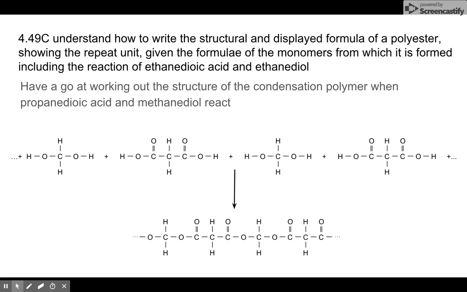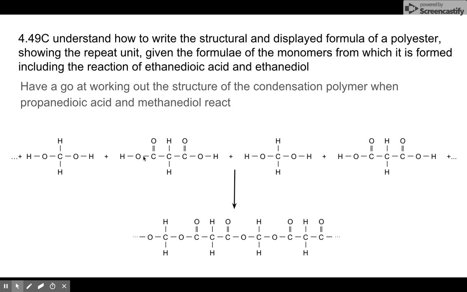Here's the structure of the condensation polymer when propandioic acid and methane diol react. So methane diol, methane, two ols, there it is, and propane dioic acid. Prop has got 3 carbons. We've got an oic acid on one side, and it's dioic acid, so we've got an oic acid on the other side. And again, what we've got is the H and the OH come off.